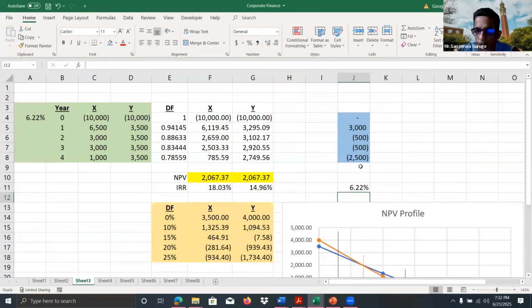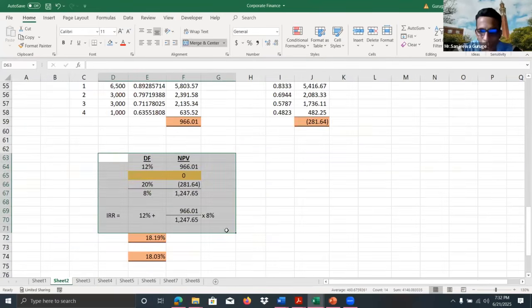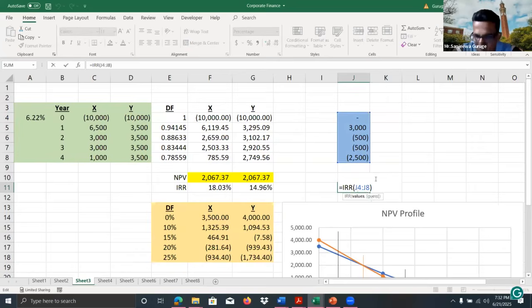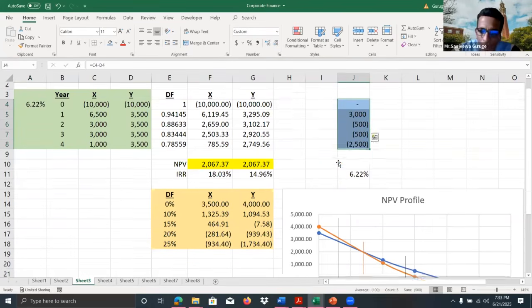If you calculate manually, for these cash flows we have to calculate IRR, which means we have to use two rates, calculating the net present value for these cash flows using two rates. But with Excel that is so straightforward, and that is the crossover rate. That's how you calculate the IRR of incremental cash flows, right?